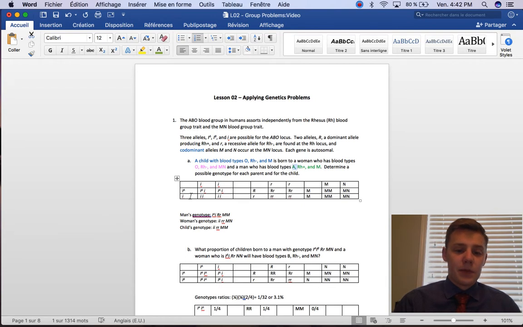Now, with type A blood type, we can either have a homozygous A or a heterozygous A, and the heterozygous will give us a recessive.